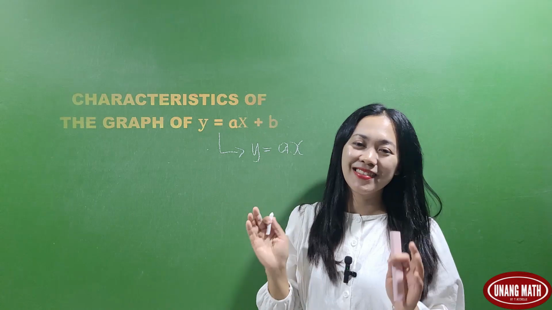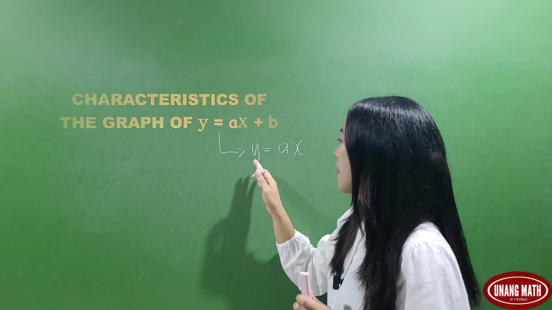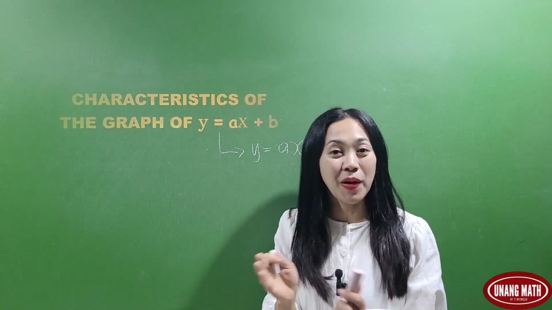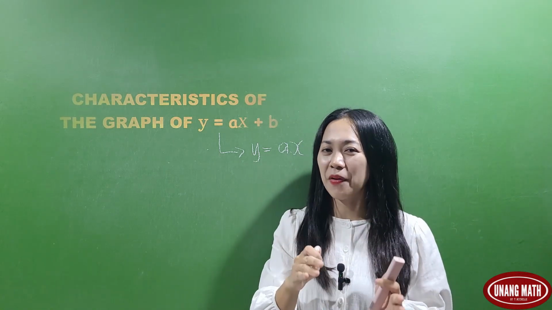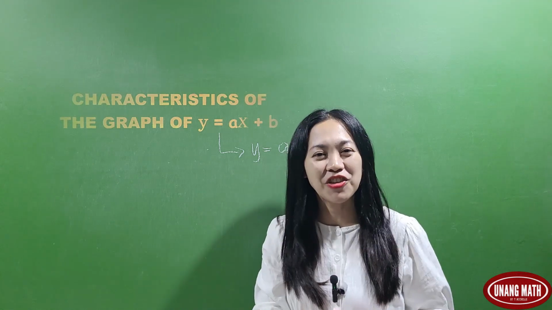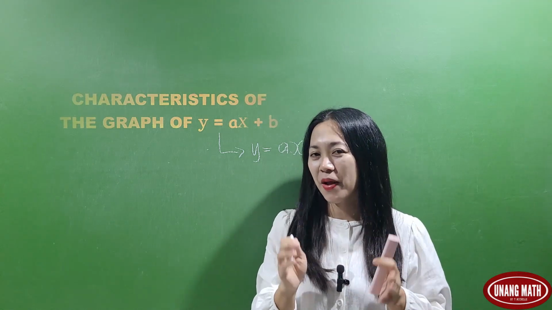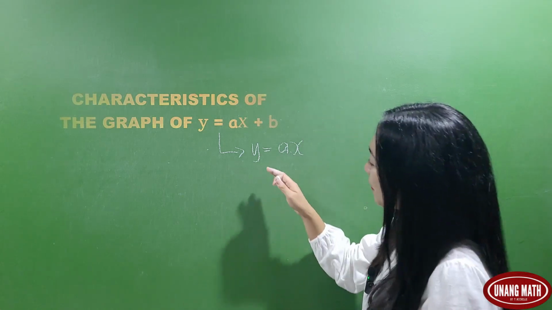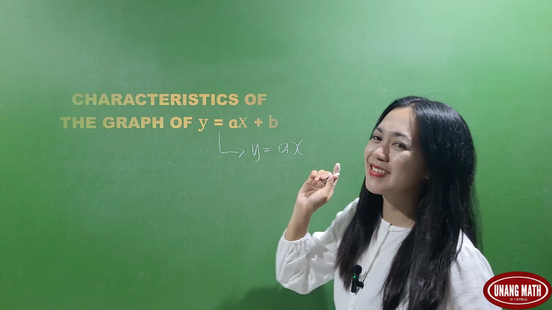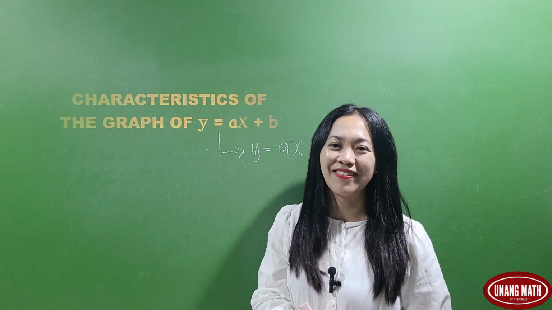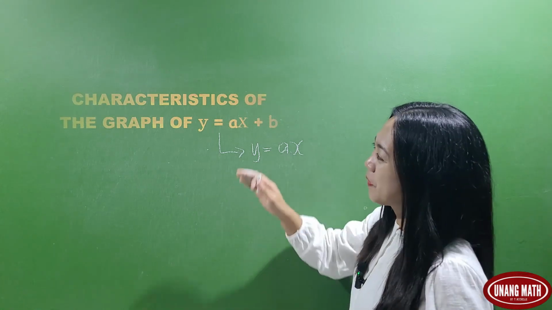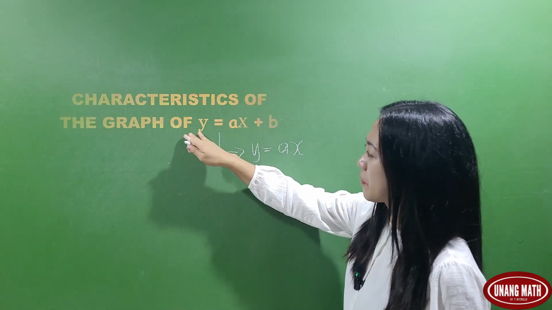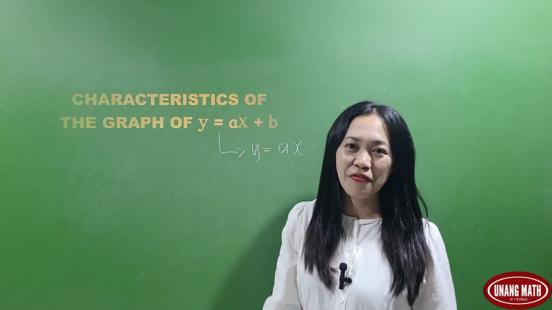We already had a separate video lesson about this topic, and that is on episode 129, entitled Direct Proportion Equation. Take note, a direct proportion equation is also a function. So, y is equal to ax is also a function. In this episode, I will be discussing the important characteristics of the graph of this linear function.